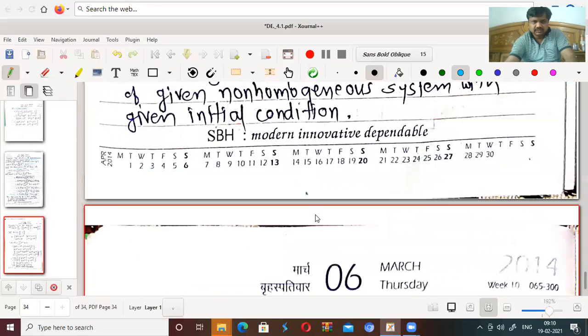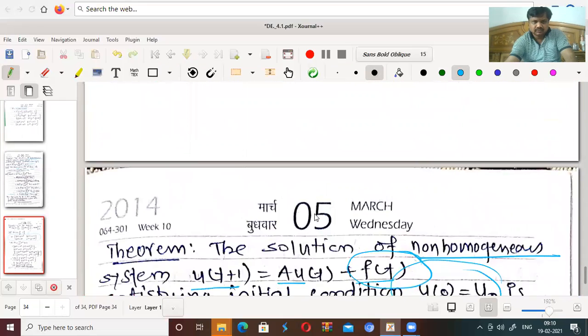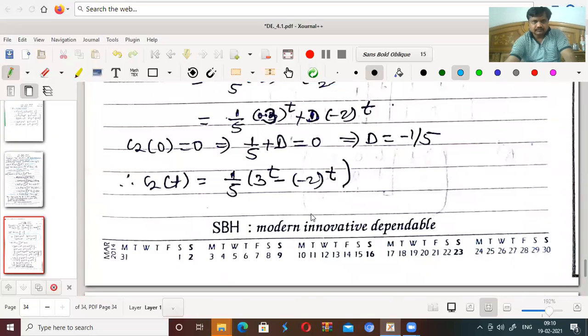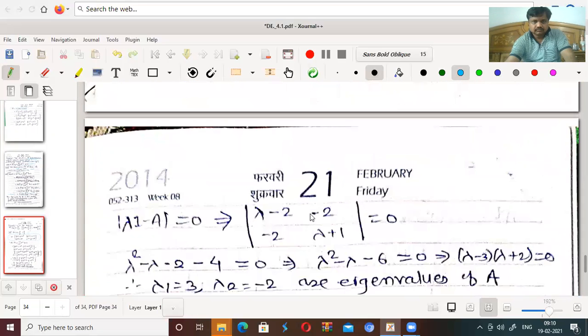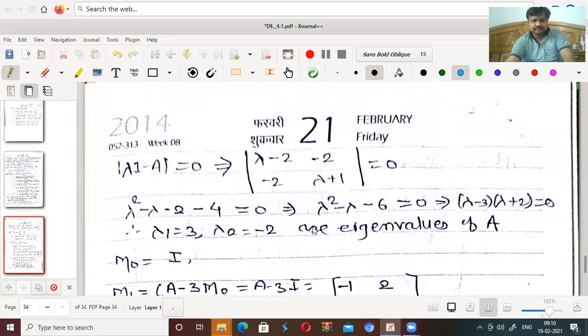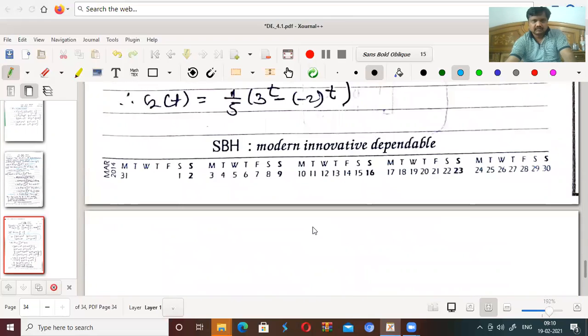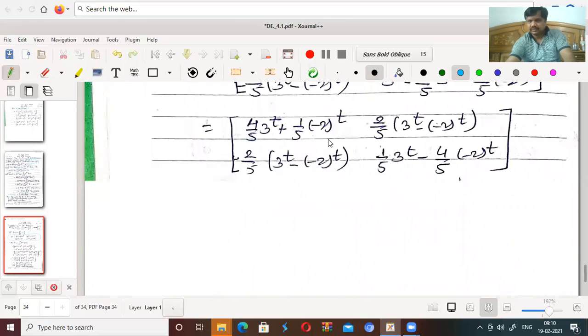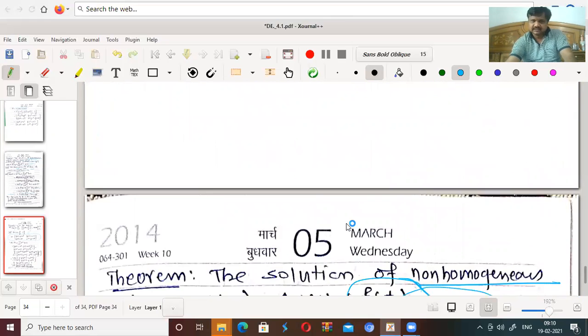I think you have solved this example earlier. For this, we have already found A to the power t, and we take it as it is.